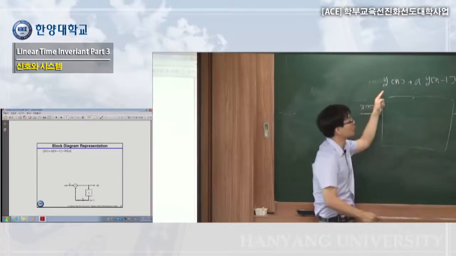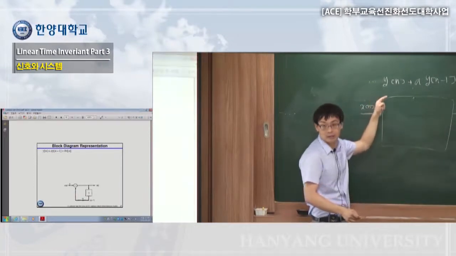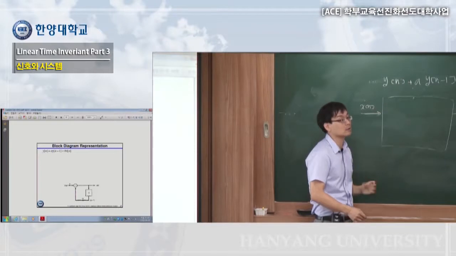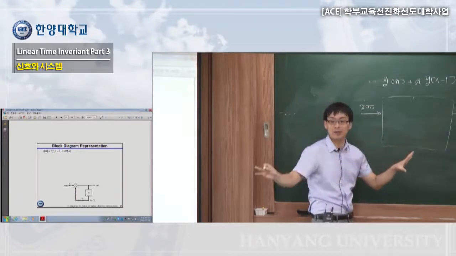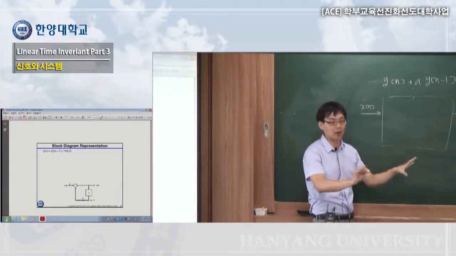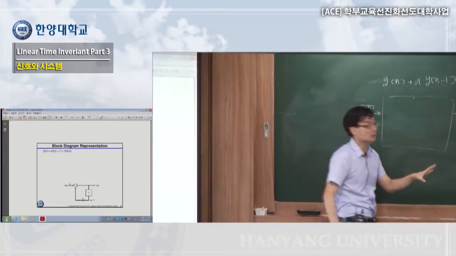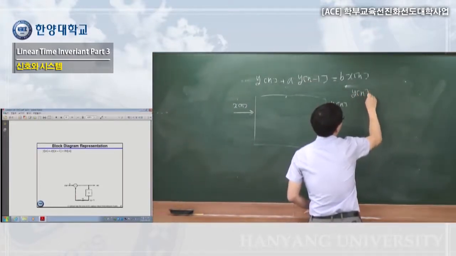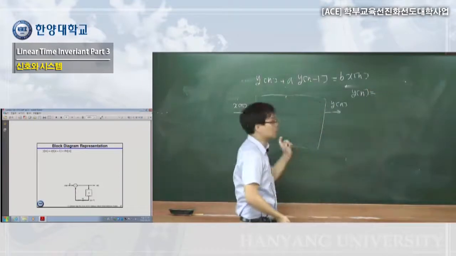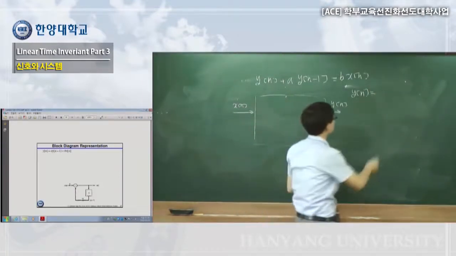So let's reorganize this equation, because we want to find the output. We want a form where output equals something, instead of output minus some output equals input. So we want a more familiar form where only the output is left and everything else is moved to the other side.